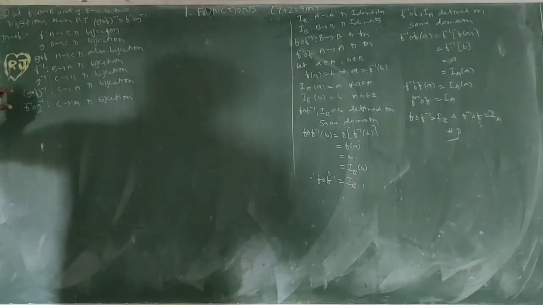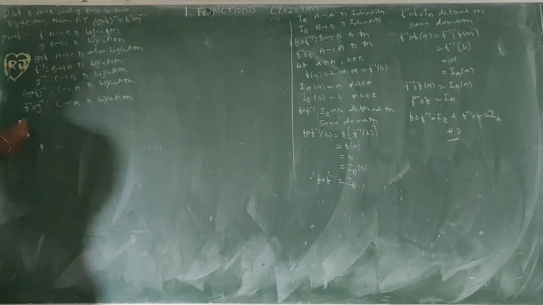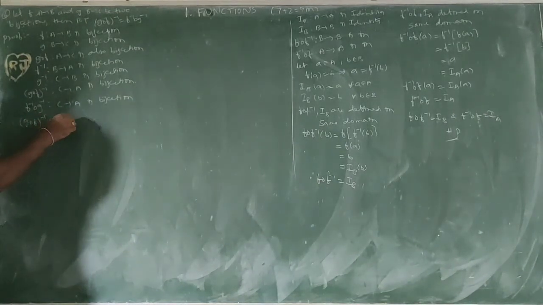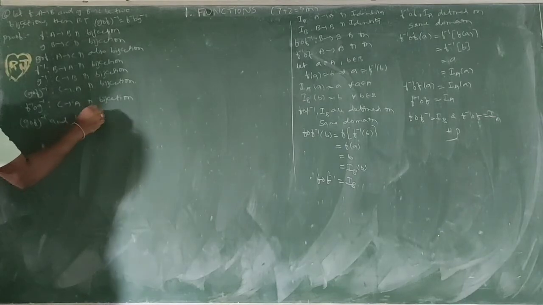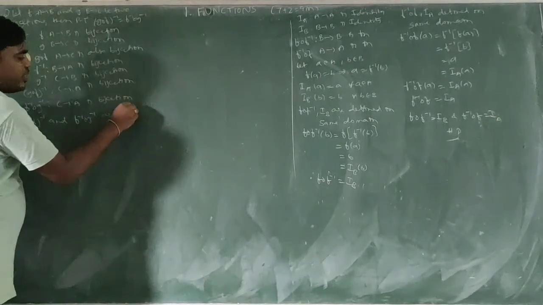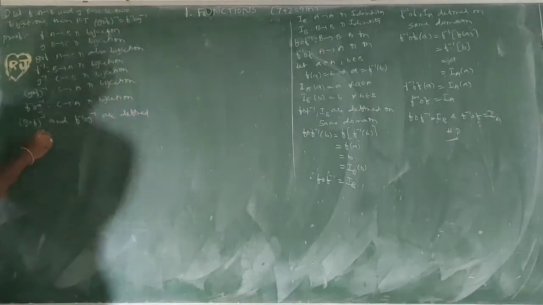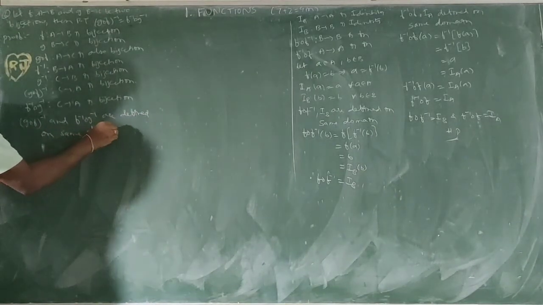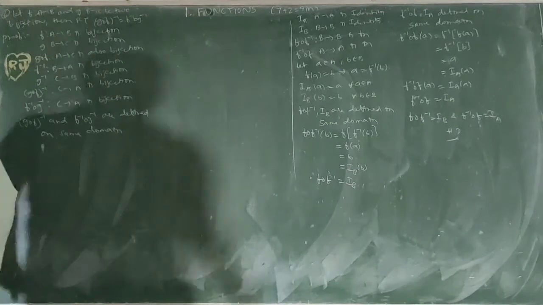So these two functions have the same domain. So I want to write that (G circle F) whole inverse and F inverse circle G inverse are defined on the same domain.